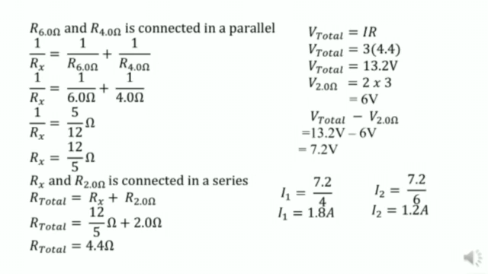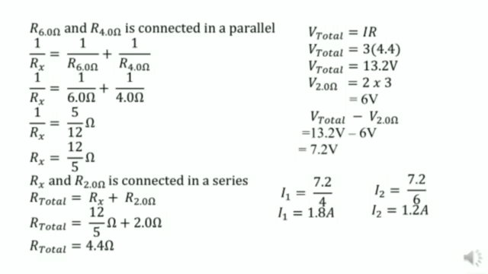To find the current, we must find out the voltage first. The circuit of R 6.0 ohms and R 4.0 ohms is connected in parallel, so the voltage is the same.